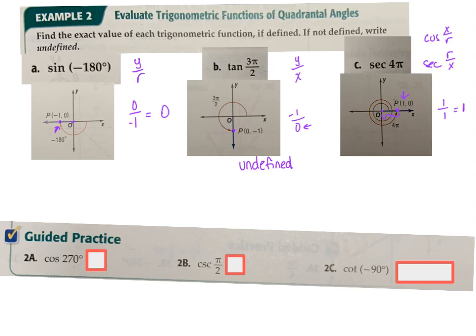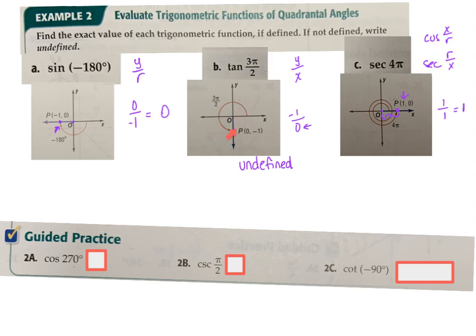So anytime it falls on an axis, your radius and one of your variables will be the same. If it falls on the x-axis, your radius and your x will be the same. On the y-axis, your radius and your y will be the same. All right? Now, what happens then is you can solve for these guys. All right? 270, 90, 180, 270. 270 looks just like this, right? This is 270.